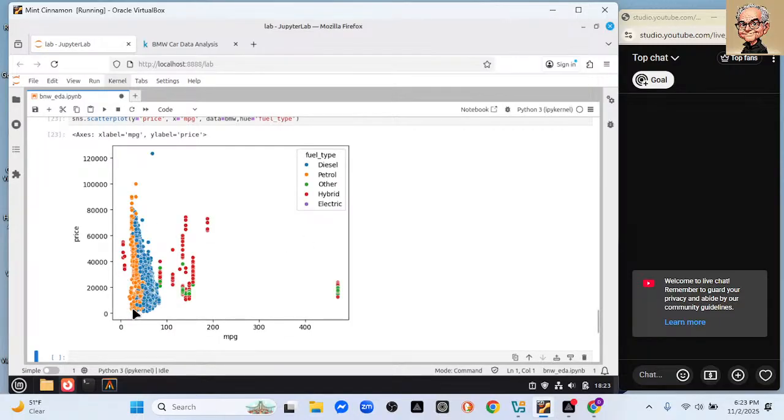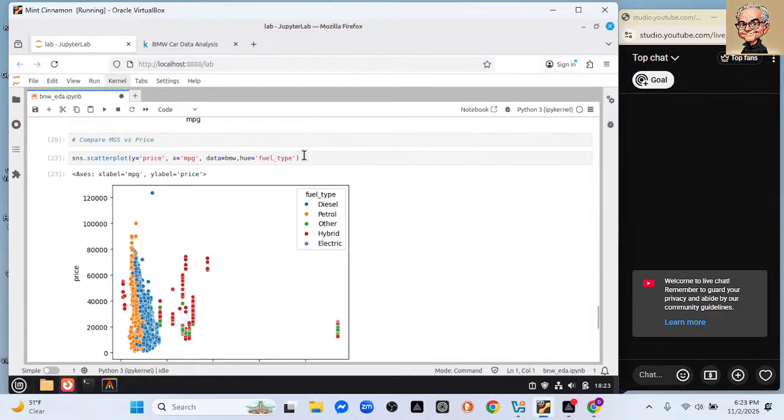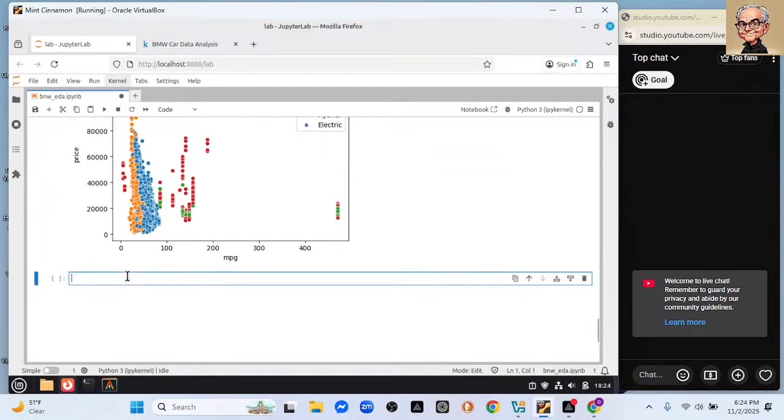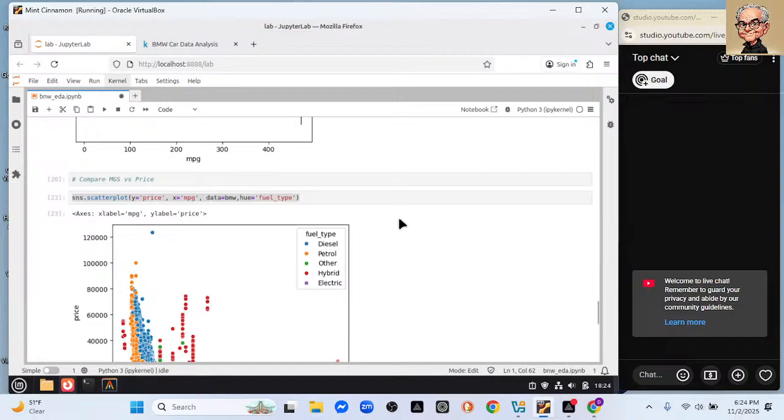Okay, so you can see, now this isn't really that useful, is it? Let's come up here. So what we want to know is what's the biggest influence on price, okay? I believe it's probably mileage.